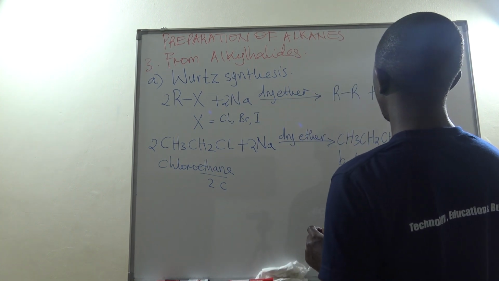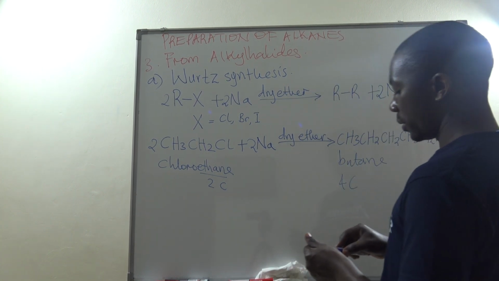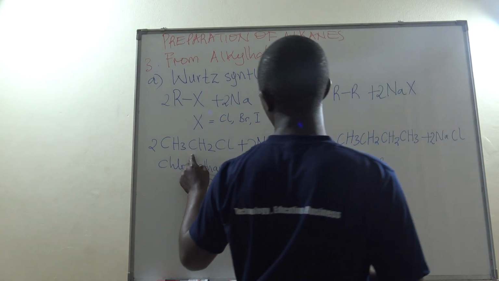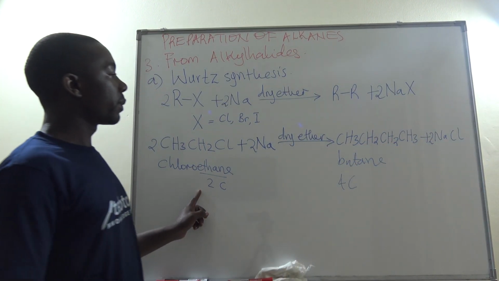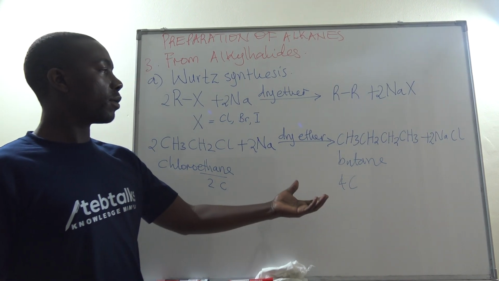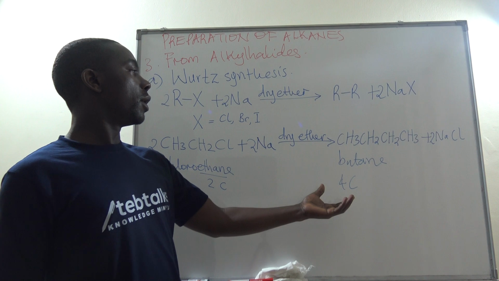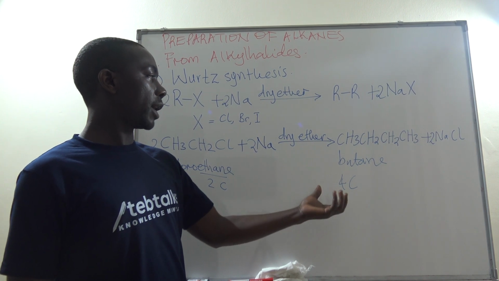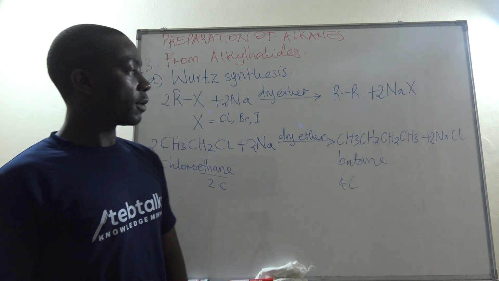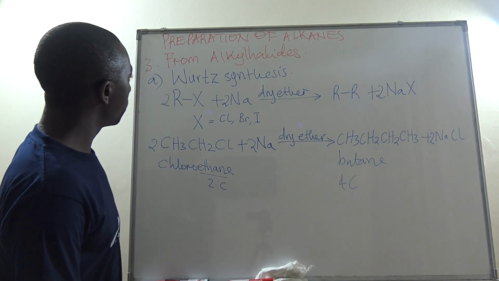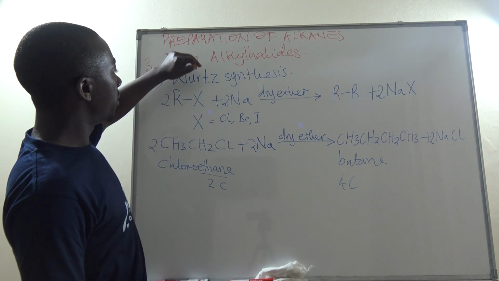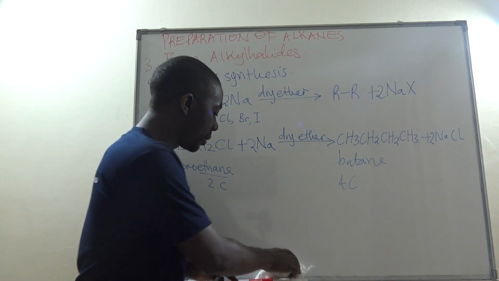And this butane has 4 carbon atoms. So this is an alkane with 4 carbon atoms. This is an alkyl halide of only 2 carbon atoms. So by all means, we have hit 2 targets, doubling the chain and preparing an alkane. So that's one of the methods on how we can prepare alkanes from alkyl halides, by Wurtz synthesis.